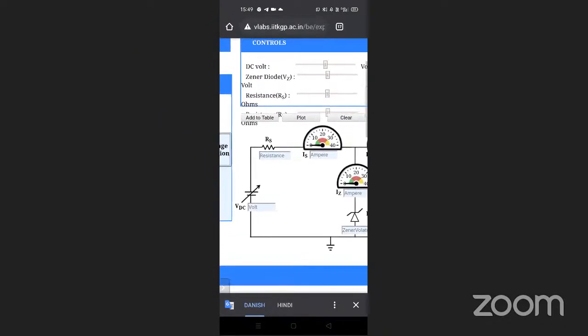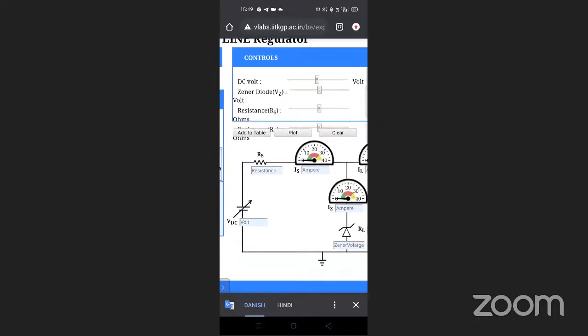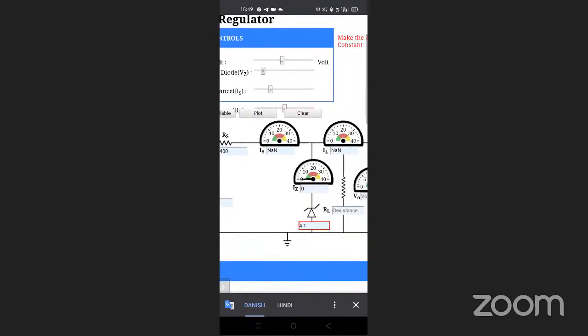In the case of line regulation, we will fix our Zener diode voltage VZ at 5.1, and we will keep source resistance RS at 1400.